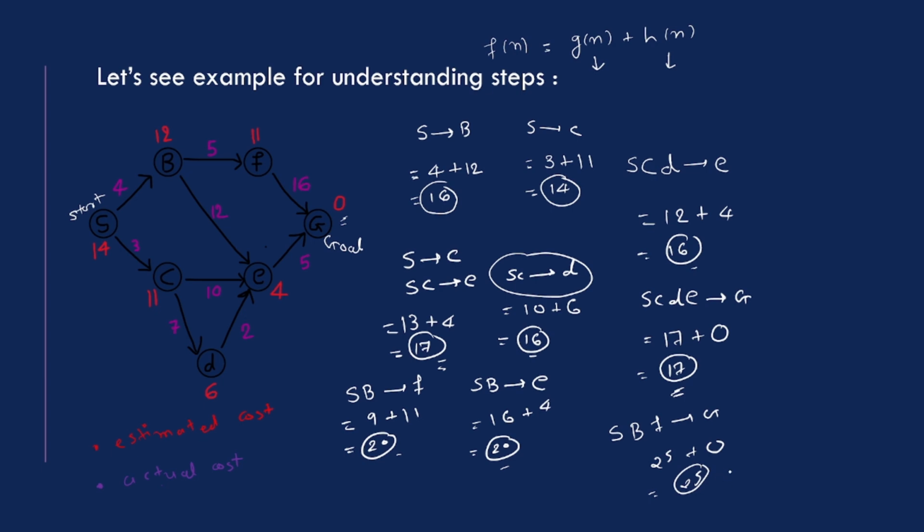That is very high, and we have to take the lesser one. So 17 is our answer. So the right path is S, C, C to D, D to E, and E to G. Like this you will get your best path from the A-star algorithm.